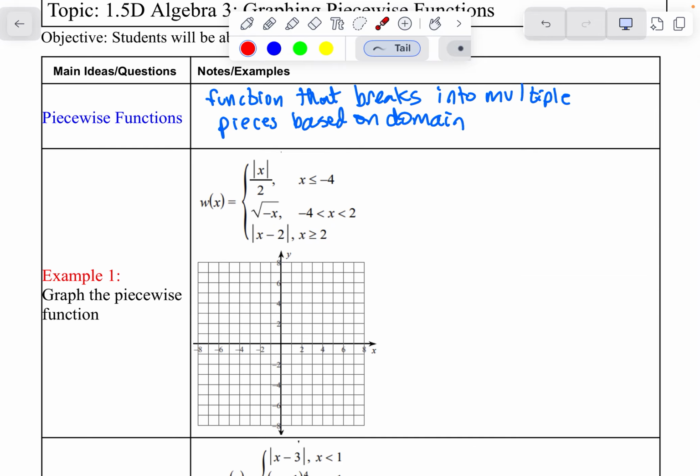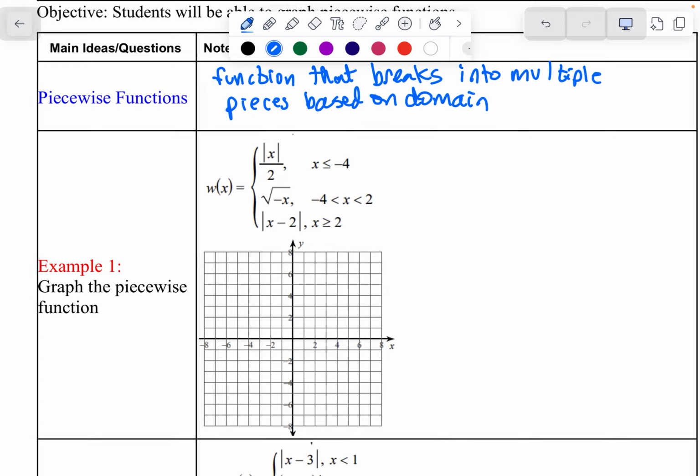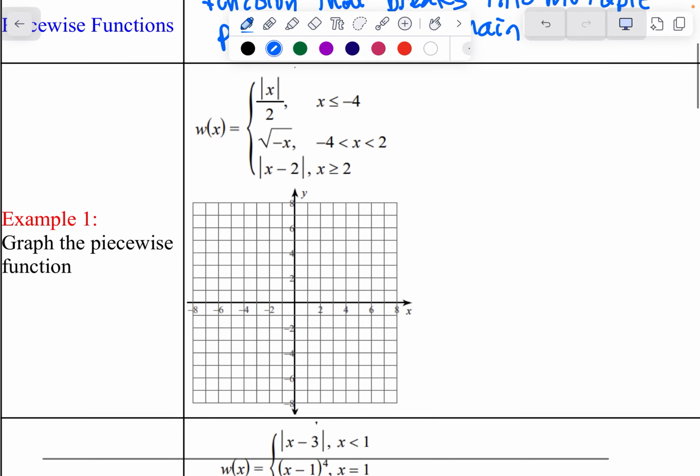So what we want to do is we want to first look at our borders. See those borders there? So we have something that switches at -4, between -4 and 2, and then at 2 again. So the first thing when we go to graph these, my suggestion would be at -4, put a little dashed line.